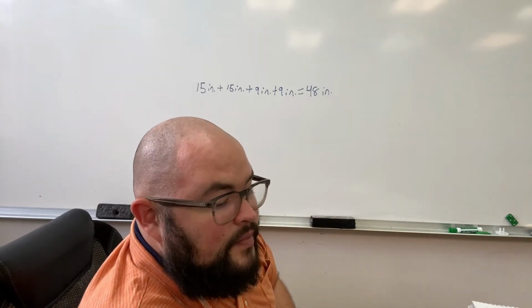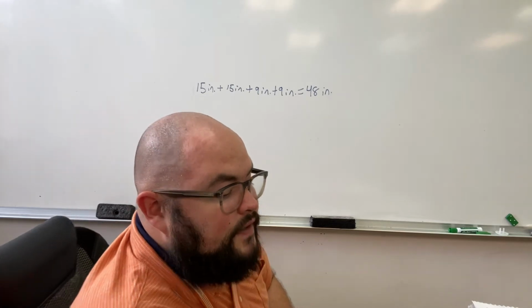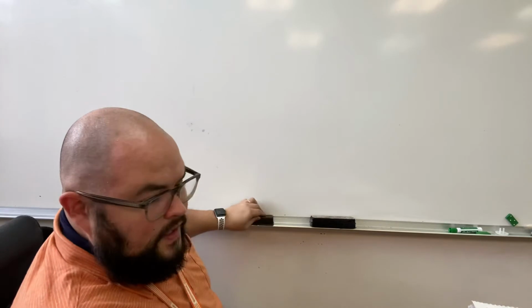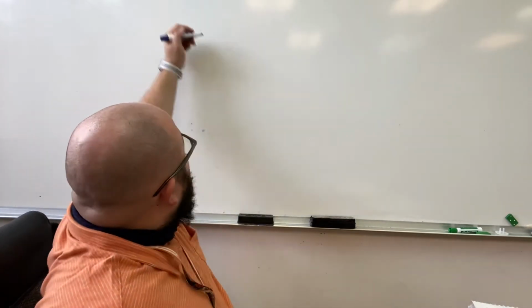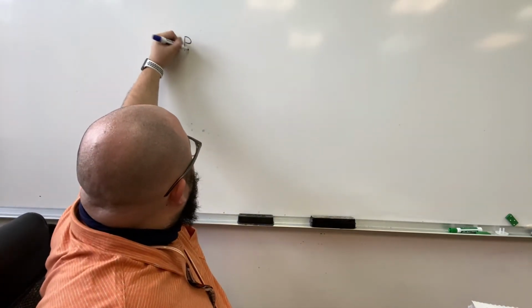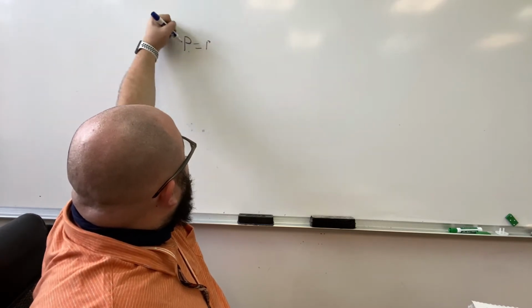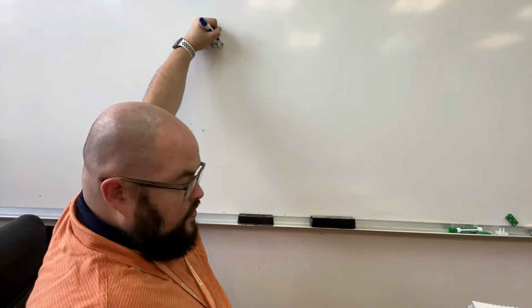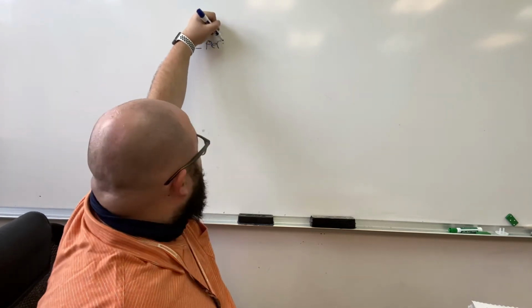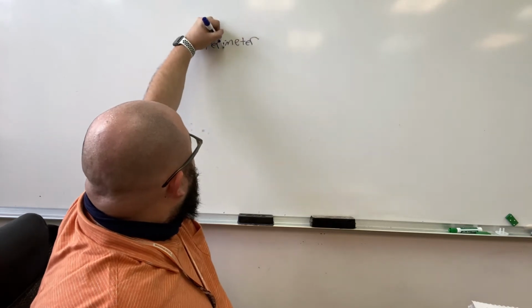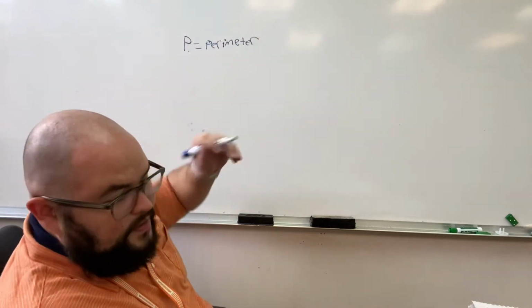It says perimeter formulas for rectangles. And it's got some pretty funny things up here. When we write the letter P in math, P is a shortened way to write perimeter. P equals perimeter.